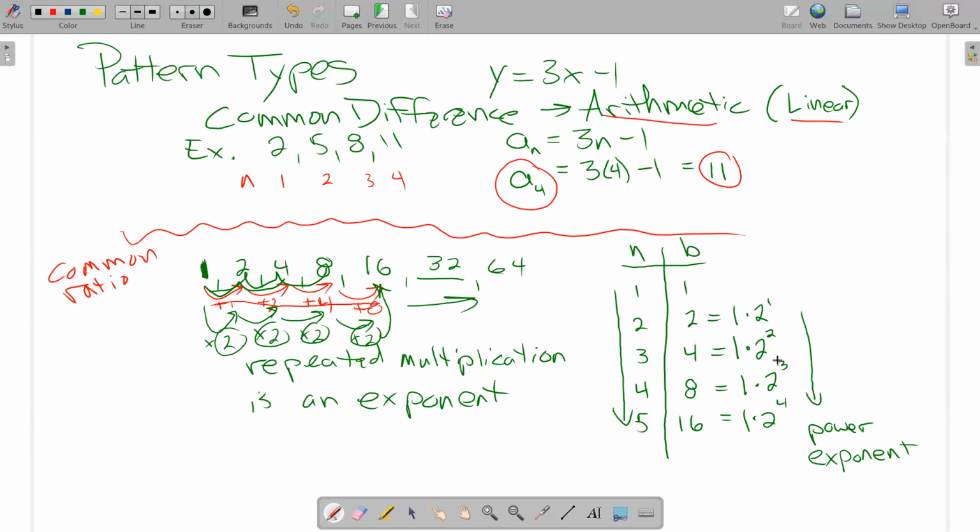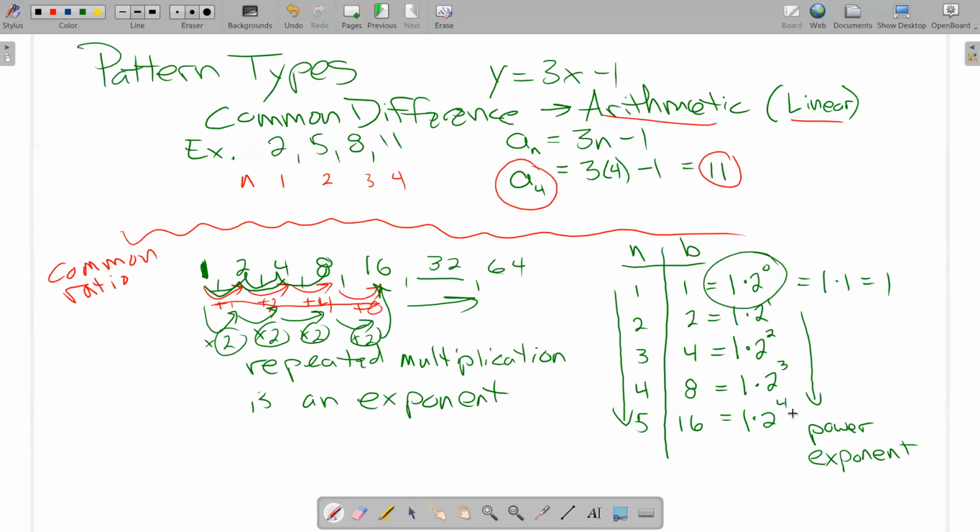And if I think about the sequence 4, 3, 2, 1, the previous number would be 0. Let's see if that makes sense. Is 1 equal to 1 times 2 to the power 0? And I'm thinking back, yeah, I remember that if you raise something to the power 0, you get a 1. So this right here cleans up to be 1 times 1, which is 1.